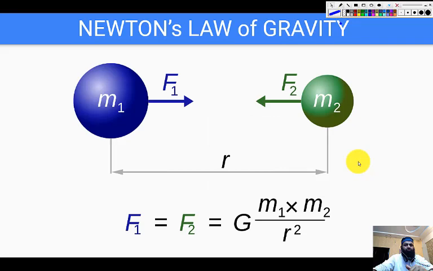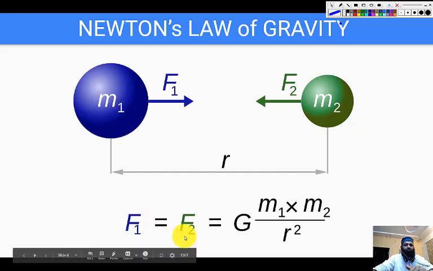And what's Newton's law of gravity? It basically means that two objects which have masses attract each other through a force, and the force is given by G times m1 times m2 over r squared.